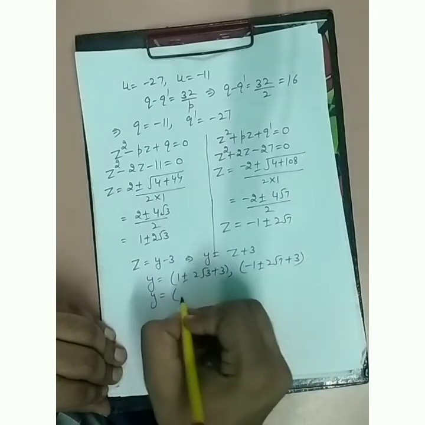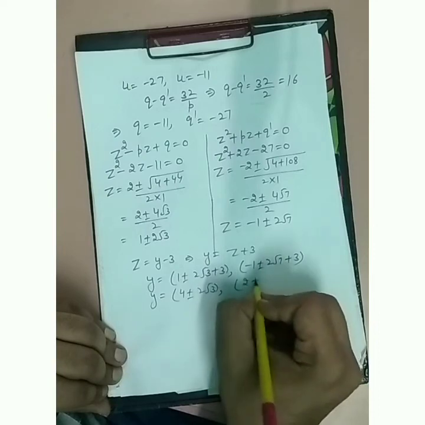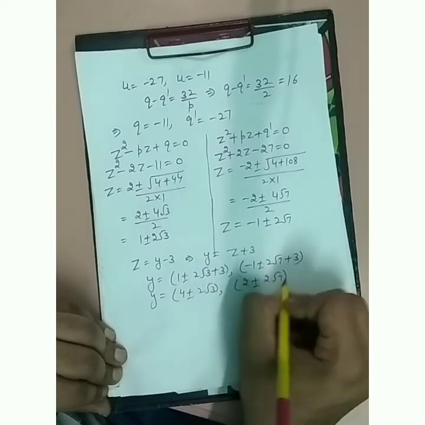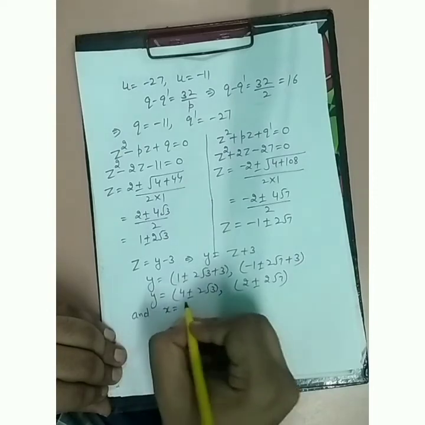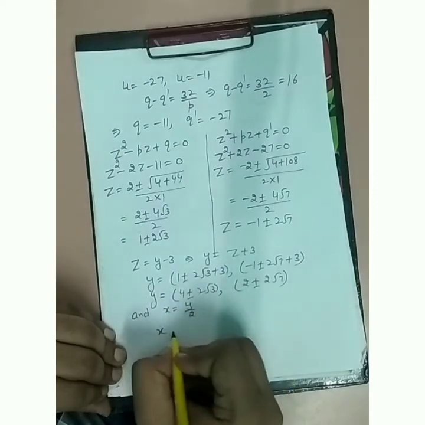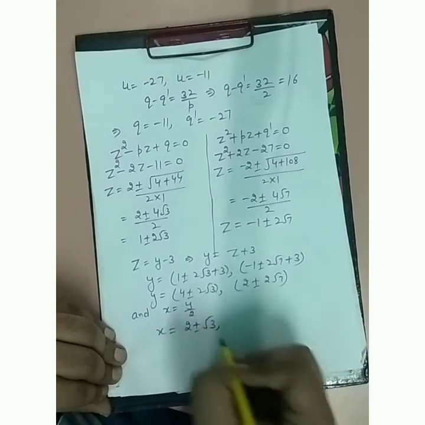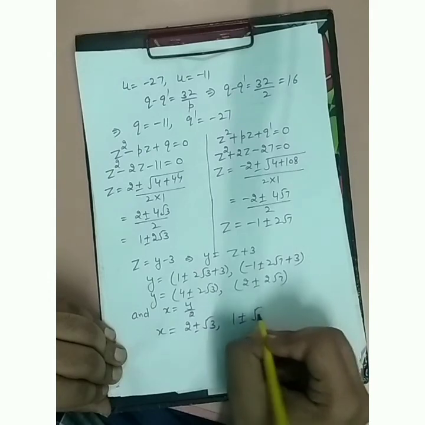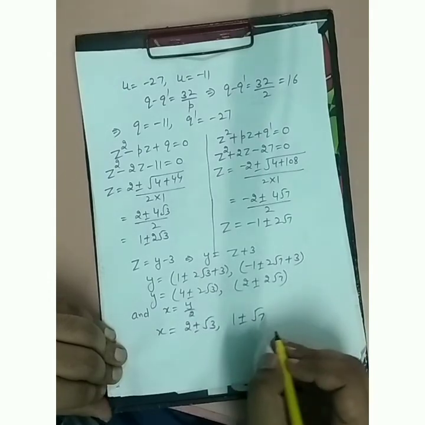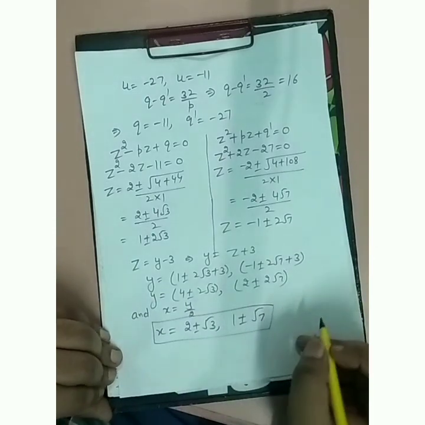That is y is equal to 4 ± 2√3, 2 ± 2√7, and x is equal to y/2. So this implies x is equal to 2 ± √3 and 1 ± √7. So these are the 4 roots of the given equation. Thank you.